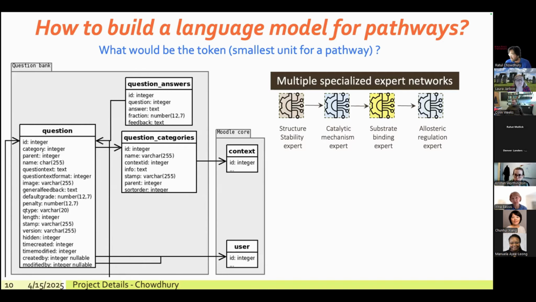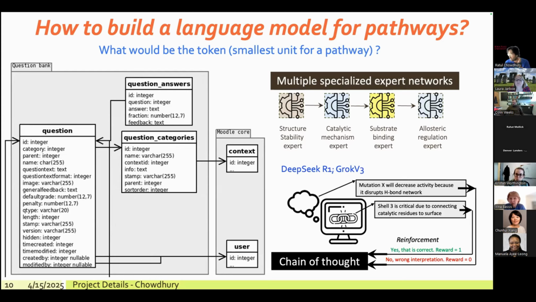Two models that have come up which can handle question answer are DeepSeek as well as Grok v3. So these models actually have shown that once you're doing your training in a model and you have a bank of question and answers which you're also learning from, you can actually query back the model and ask it, okay, I think mutation X is going to be something that I will do on my protein.